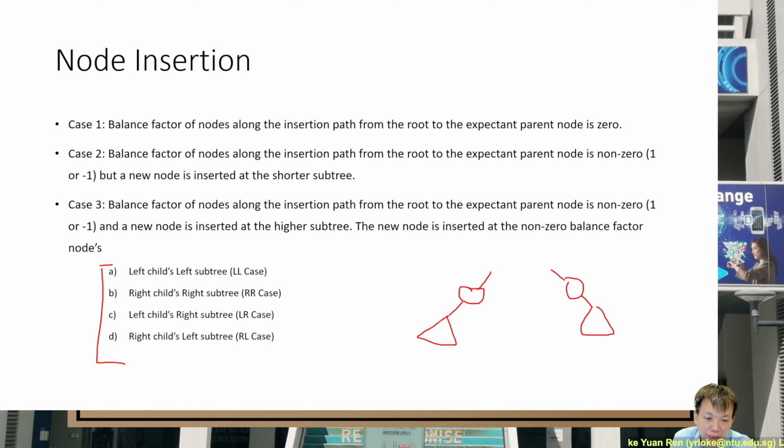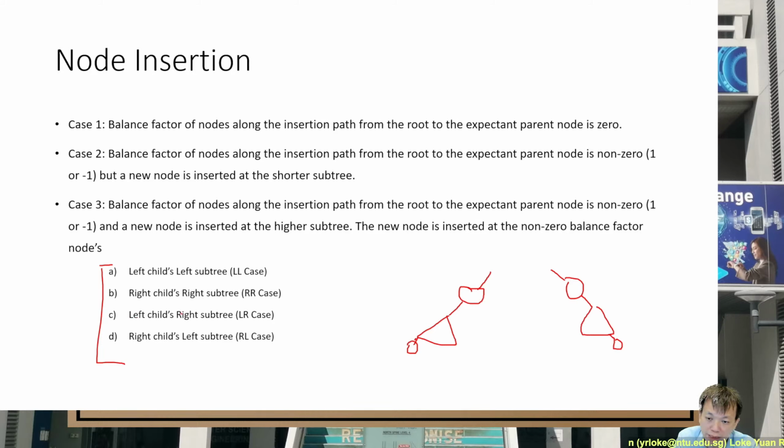That means the left subtree is higher than its right subtree. Or in this particular case, the right subtree is originally, before you insert, already higher than its left subtree. In this case, you add 1 more node here, or you add 1 more node here. These nodes will become unbalanced. We need to balance these particular nodes.